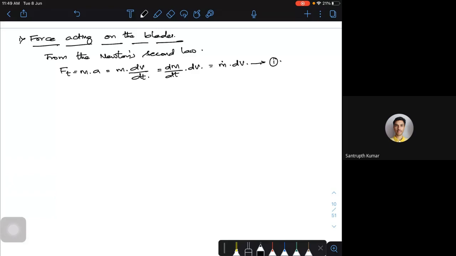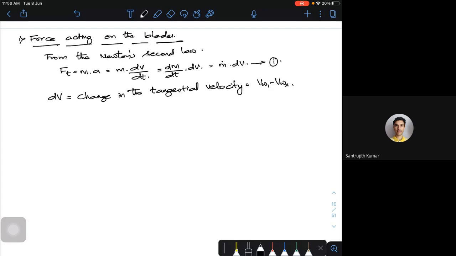Now, what is this change in velocity? Your dv is your change in tangential velocity. It is actually Vw1 minus Vw2, where Vw1 is the whirl velocity at the inlet and Vw2 is the whirl velocity at the outlet.